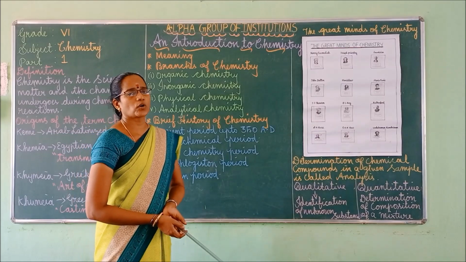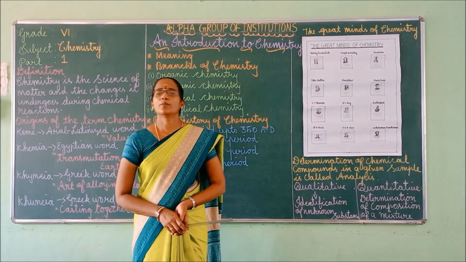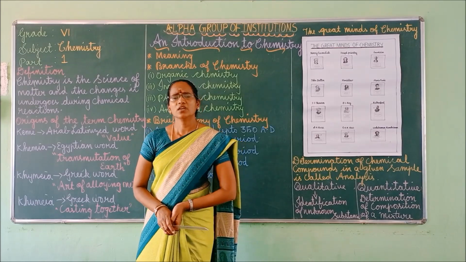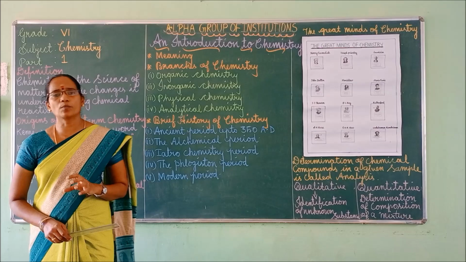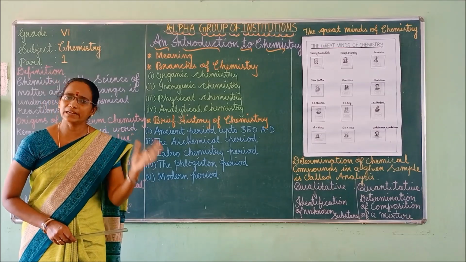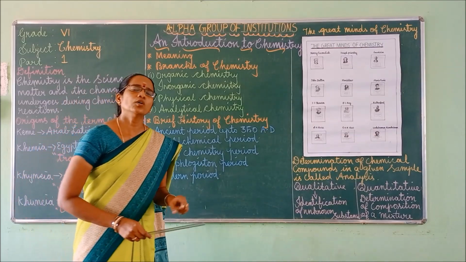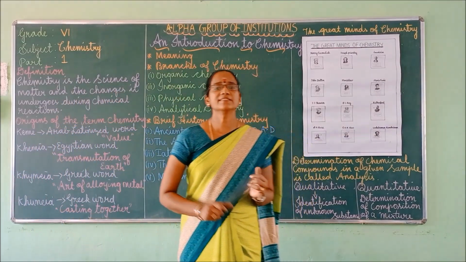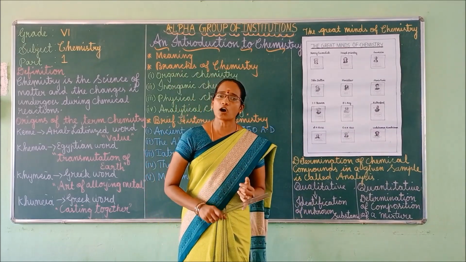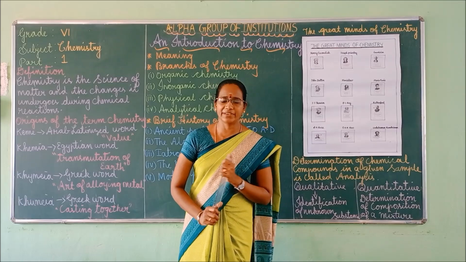What is meant by organic chemistry? Organic chemistry is a branch of chemistry which deals with carbon and its compounds which are found in living things. Carbon in the sense coal. So organic chemistry is the branch of science that deals with carbon and its compounds which are found in living things.